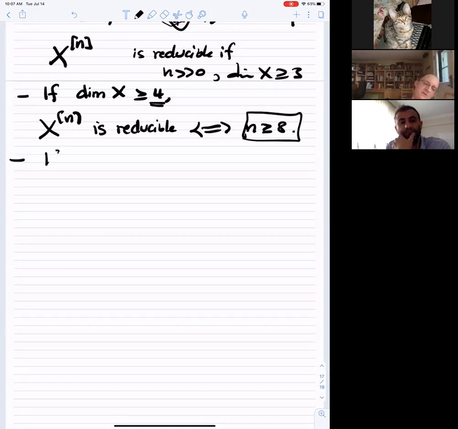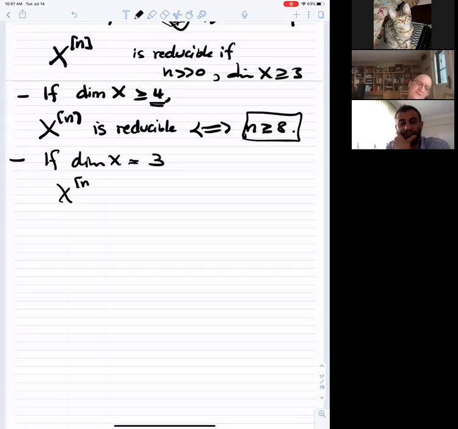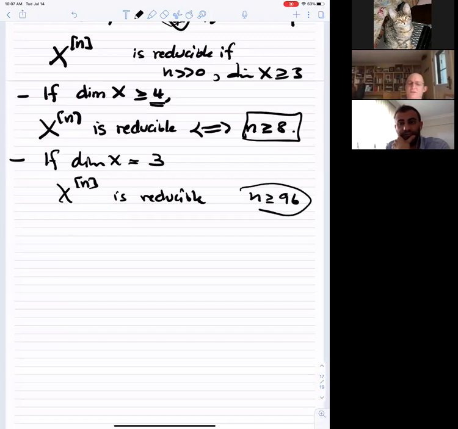If the dimension of X is equal to 3, then there are various theorems here. These numbers change. I think X^[n] is reducible, I mean, what I proved for you is that if n is 96, this is Iarrobino. I think these days it is known maybe for roughly 78 or something like that. These numbers change and I don't quite remember what the actual number was.